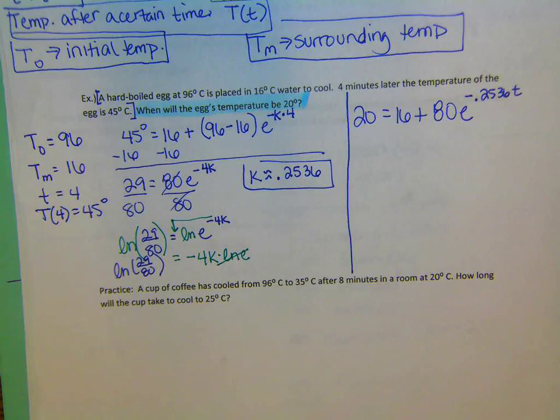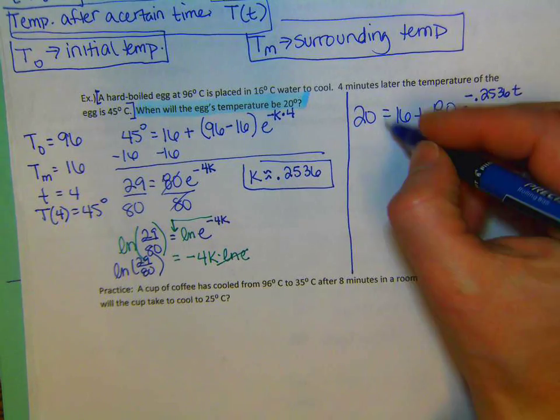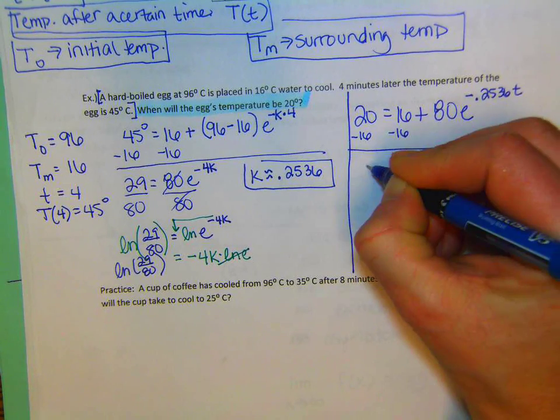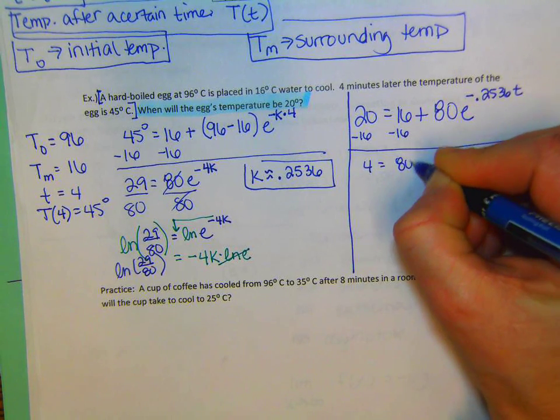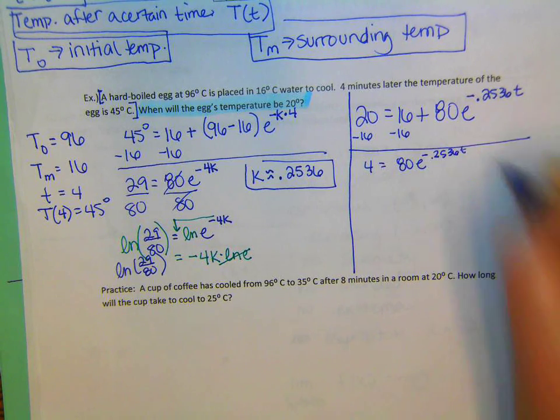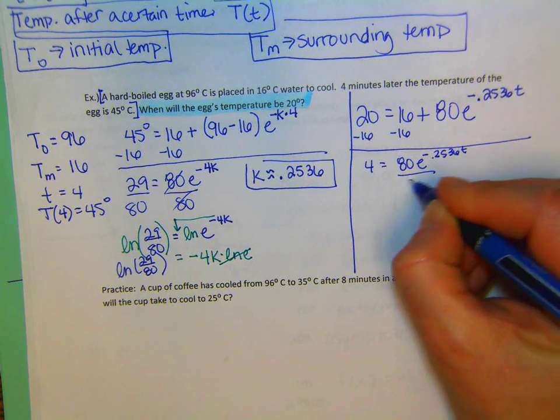What do I do first? Subtract 16. Divide by 80.